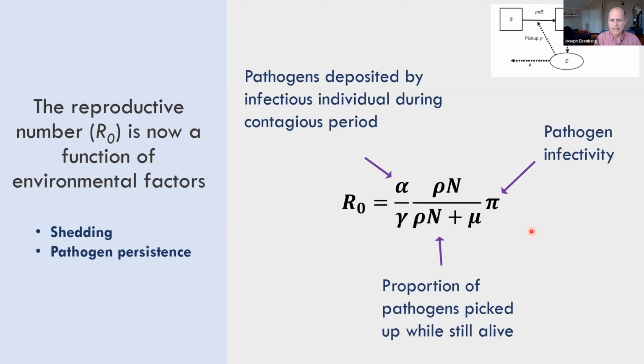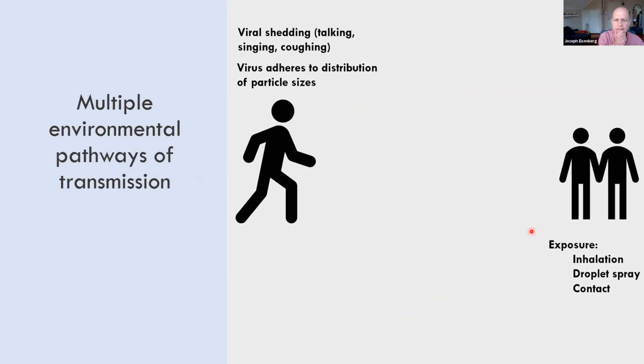So this is our base model and base framework to think about how respiratory pathogens particularly move through populations and are spread. When we think about a respiratory pathogen, we think about a number of different environmental pathways that we may want to interrupt.